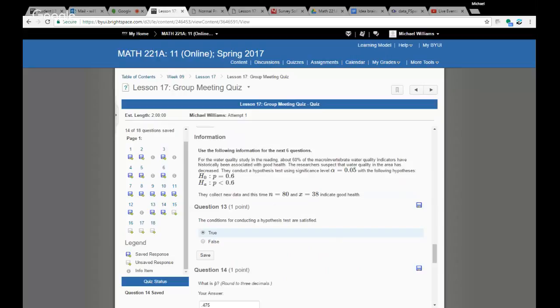So when I plug it in, the test value is going to be the z, right? Yes. So I plug it in, I've got negative 2.282. That's putting 38 in the x, 80 in the n, confidence interval of 0.95, null hypothesis 0.6, type of test less than.